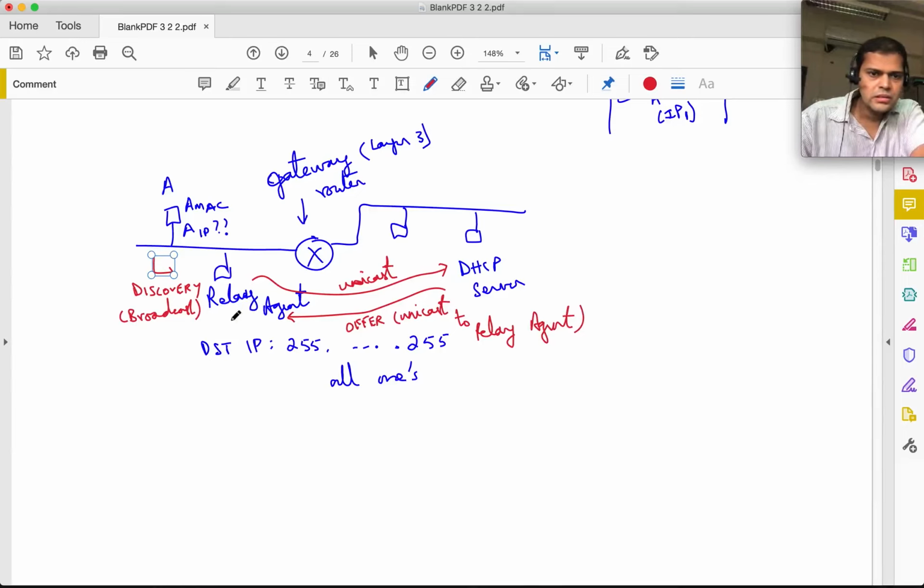And the relay agent is going to forward that message. It sends out the offer, which will be received by A. So this is how it works. This acts as a proxy between the two of them, and the protocol will proceed as it is.